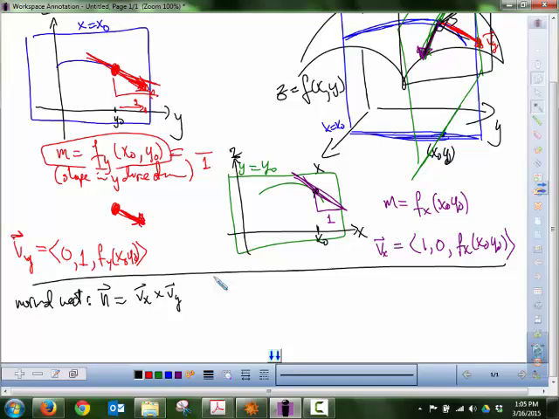So let's take the cross product of those two vectors. You've got i, j, k. Vx is 1, 0, Fx. Vy is 0, 1, Fy.